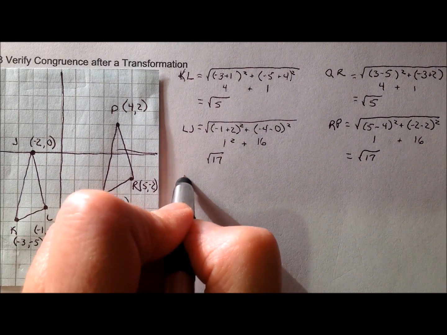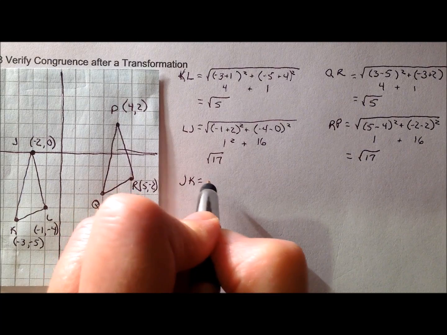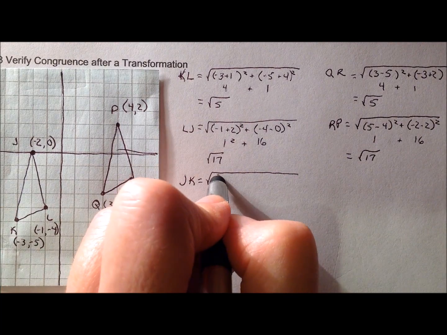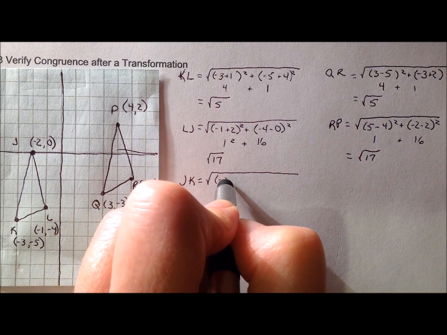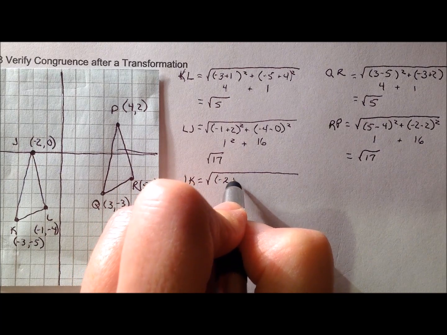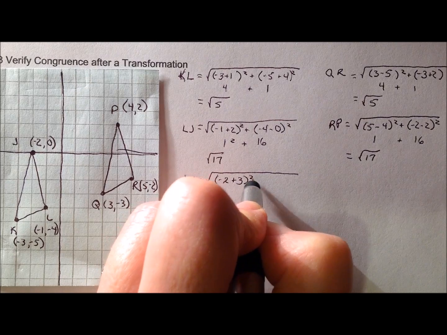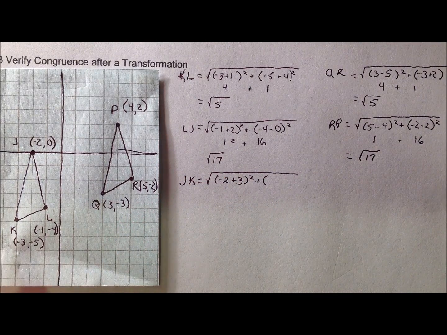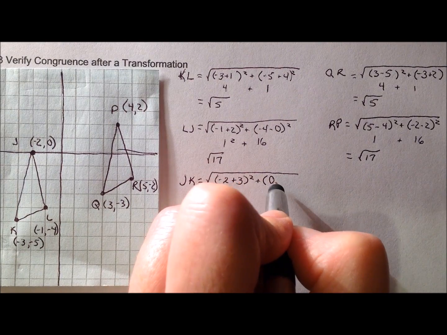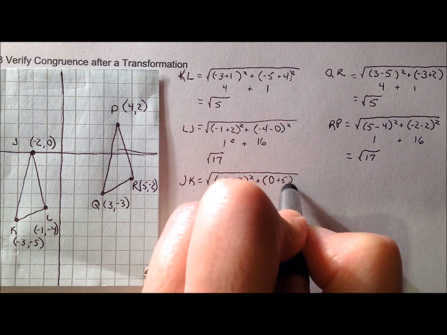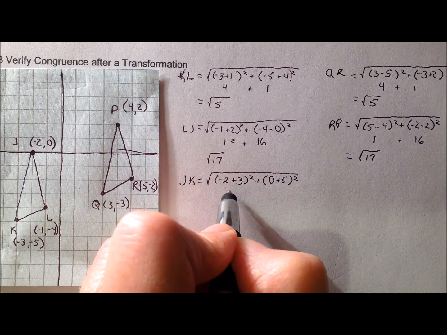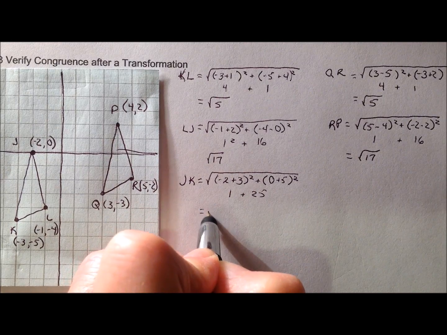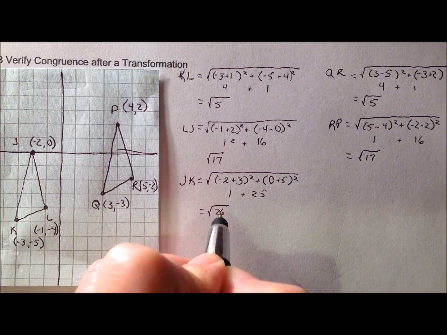Now, JK, and our x coordinates here, -2 minus 3, so we're going to write in -2 plus 3, squaring that, plus then our y coordinates are 0 and -5, so 0 plus 5, squaring that. We have 1 plus 25, which equals radical 26.